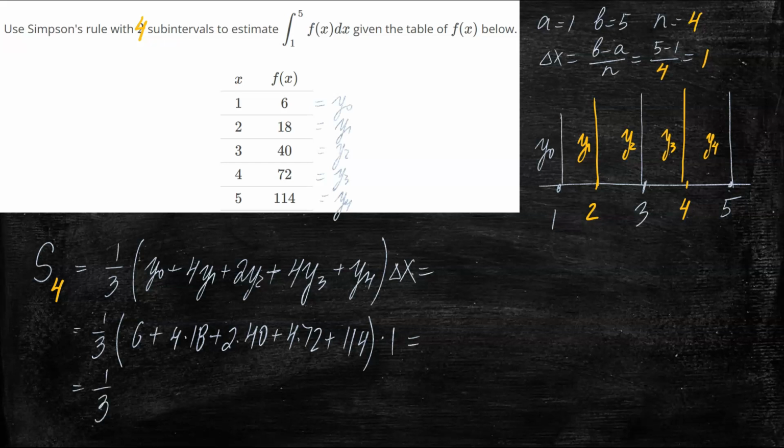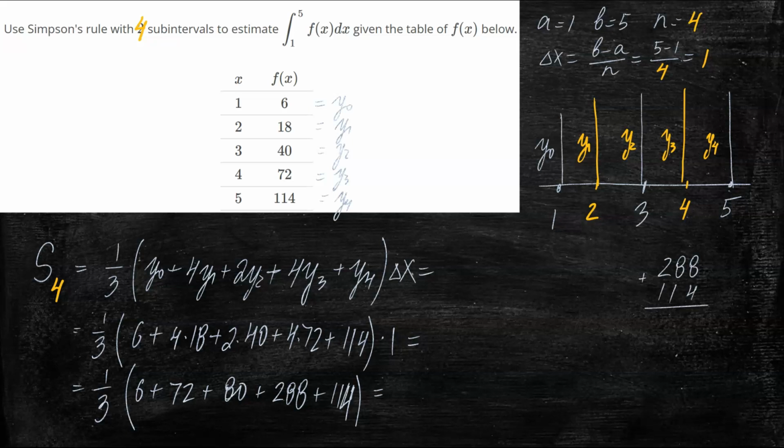Let's see what we're going to get here. We get 1/3 times 6 plus 72 plus 80 plus 288 plus 114. And so that's what, 402. And we're going to add 158.